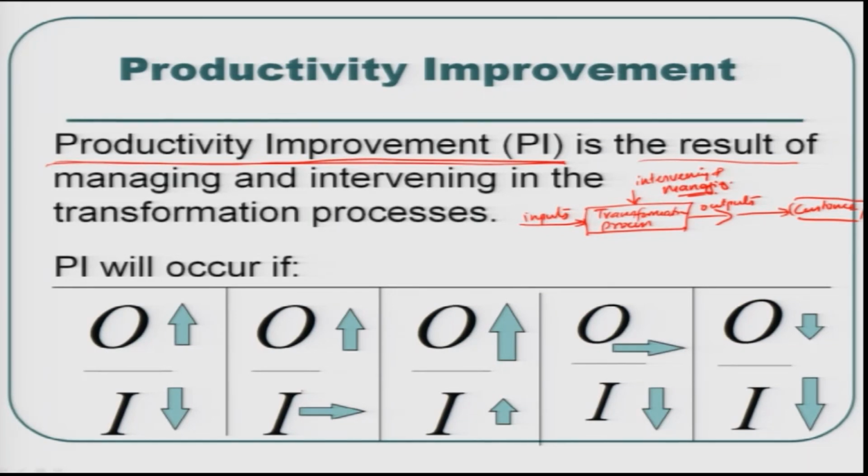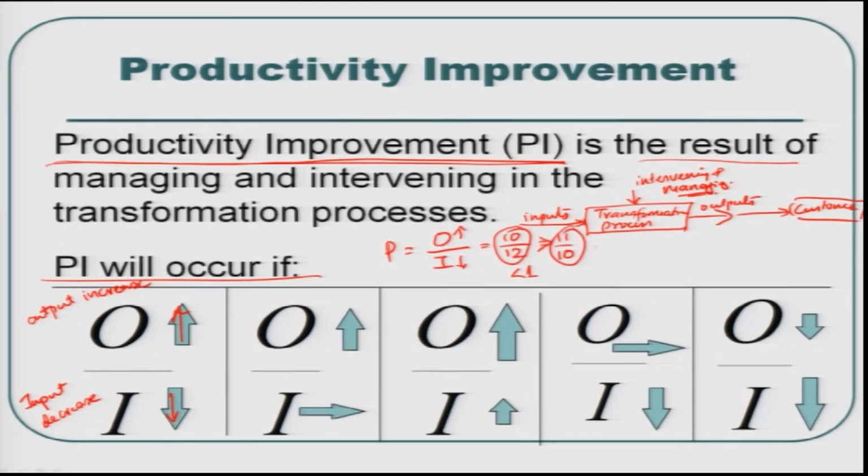There are multiple ways productivity improvement will occur. If the output increases and the input decreases, then your productivity will go up because P is equal to O over I. For example, if your output was 10 and your input was 12, and you change this to output 11 and input 10, then you can see the productivity has increased. 10 over 12 is a fraction less than 1, and 11 over 10 is a fraction greater than 1.